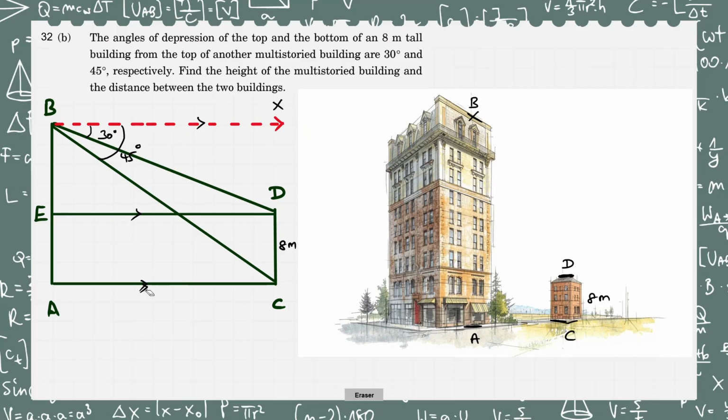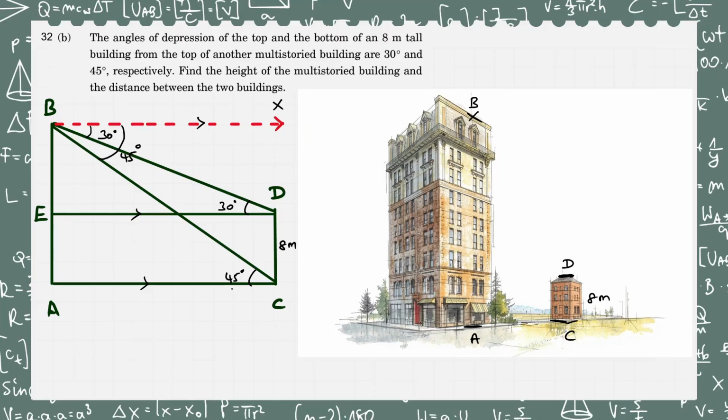So because of that, since this XBD angle is 30 degree, this BDE angle is also 30 degree, because they both are alternate interior angles. Same way, XBC angle is 45 degree, so BCA angle is also 45 degree.